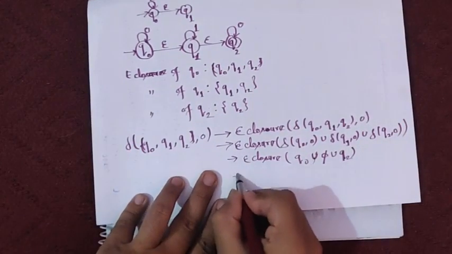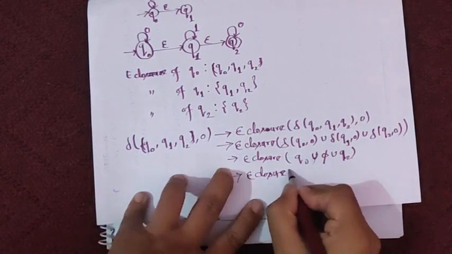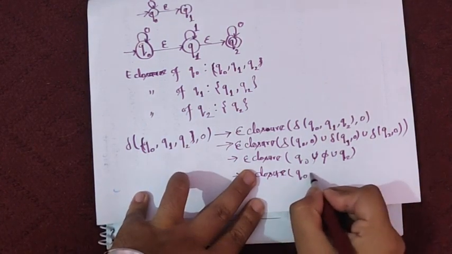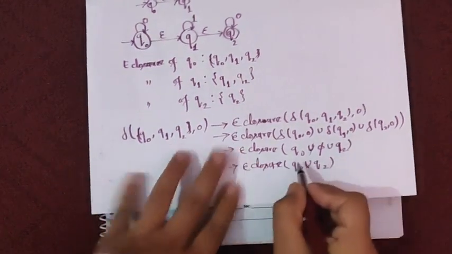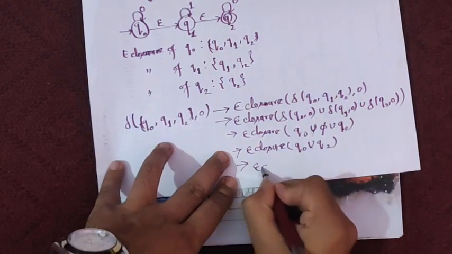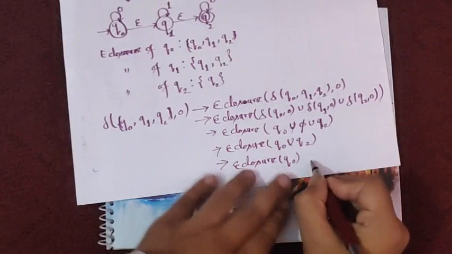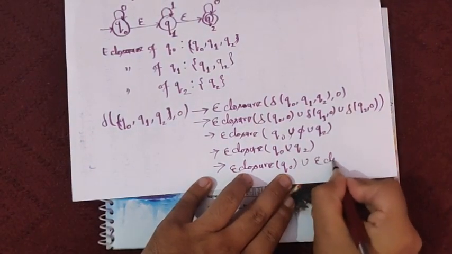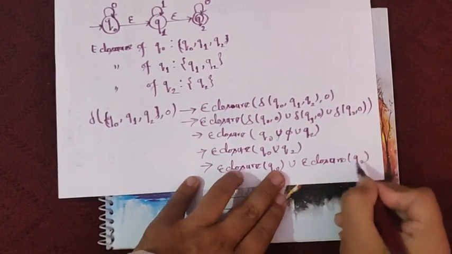So epsilon closure of q0 union q2, which is epsilon closure of q0 union epsilon closure of q2.